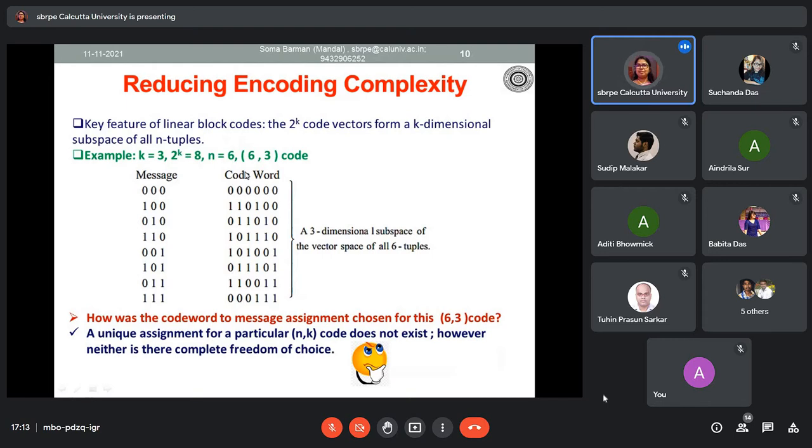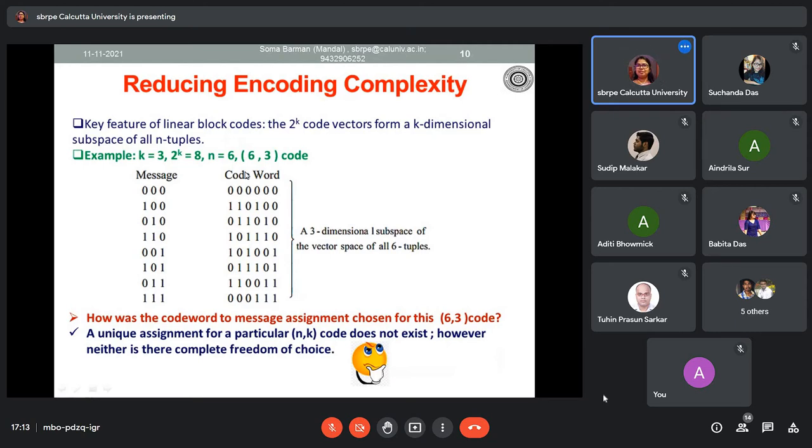Now the second message 100 is not mapped as 000001. You can choose any of the code words out of the 64 code word sequences, so it is mapped into 110100. So there are some rules to design this.